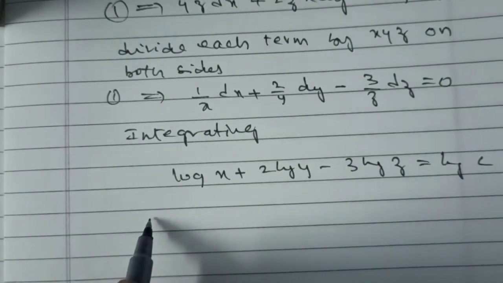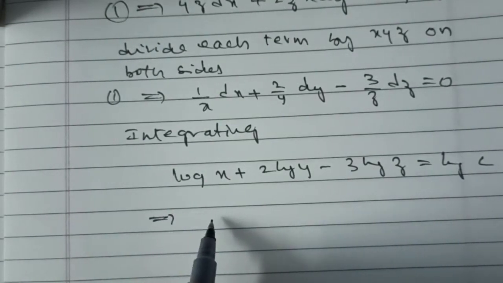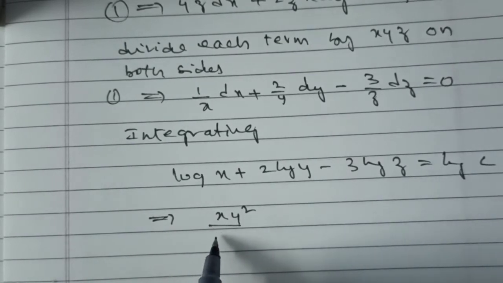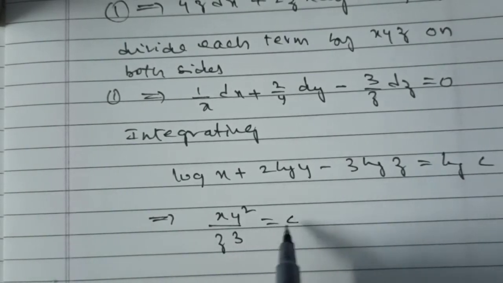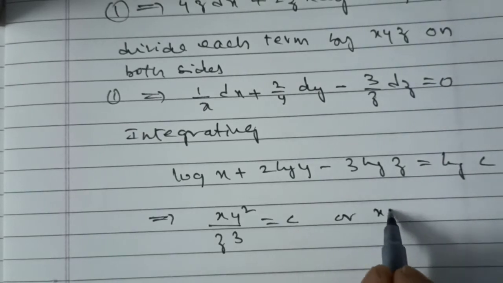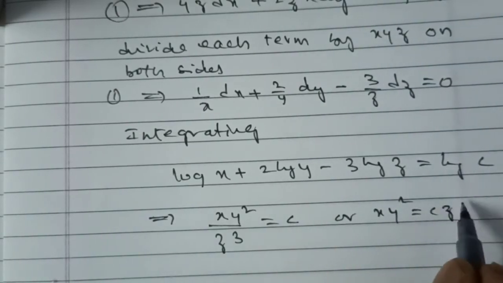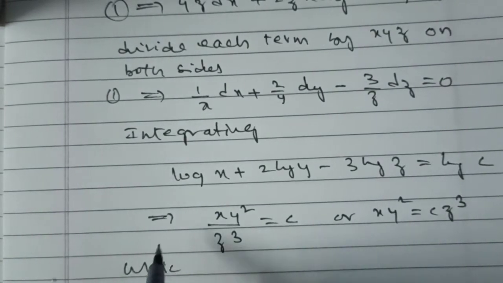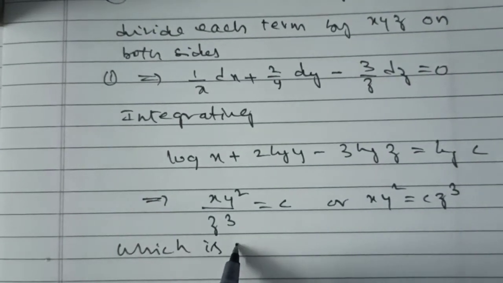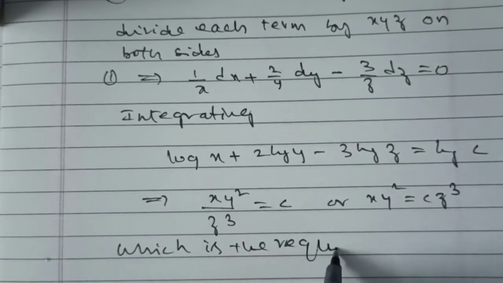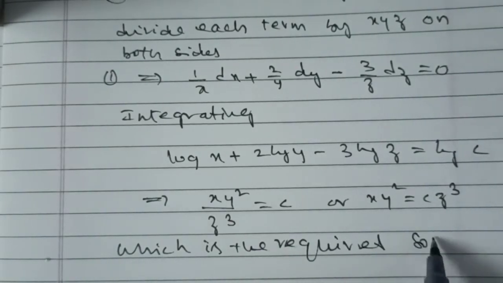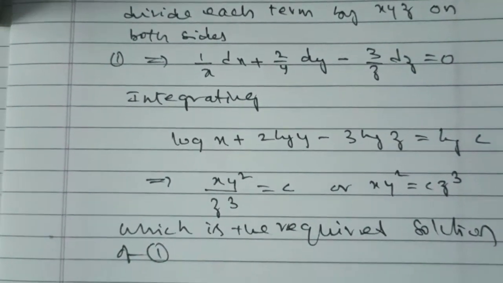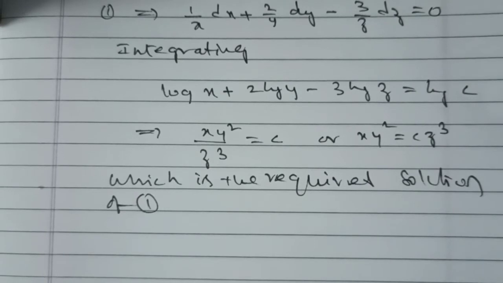This implies xy square divided by z cube is equal to c, or xy square is equal to c z cube, which is the required solution of equation 1. So this can be easily integrated.